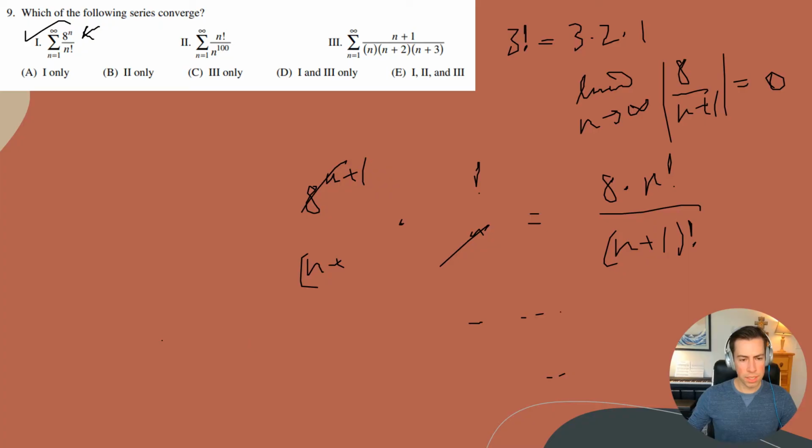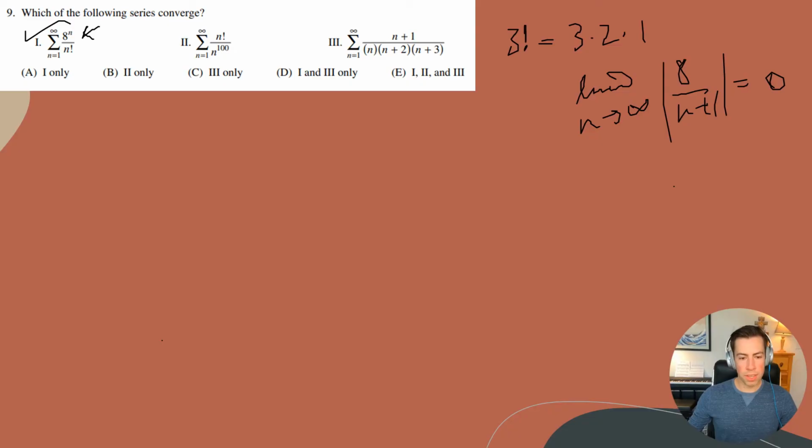Now, the nice thing about the next series is that you could do the ratio test, or you could kind of logic your way through it using the limit test. I'm going to think about this conceptually.